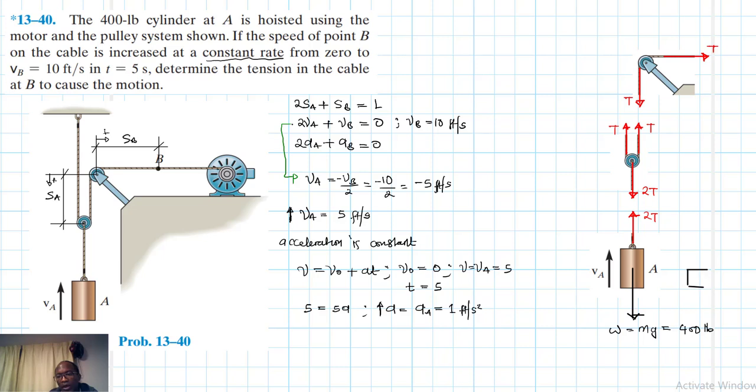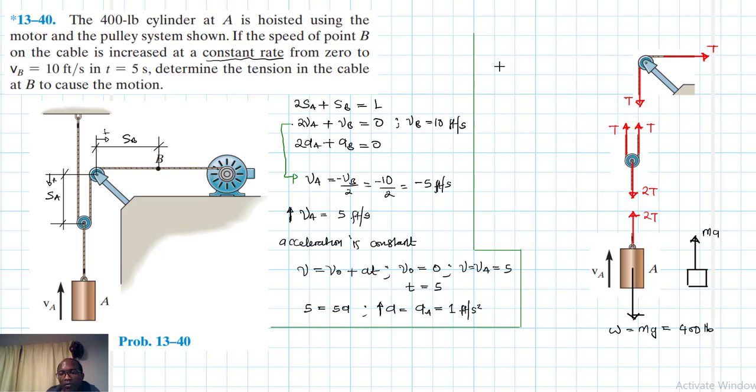We have to draw the kinetic diagram. This is moving up, which is ma. So let's write down the equations of motion. Let me just demarcate this somewhere there like so, and then I bring it down.